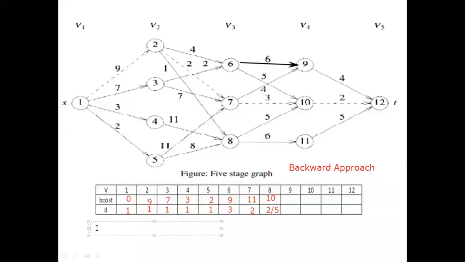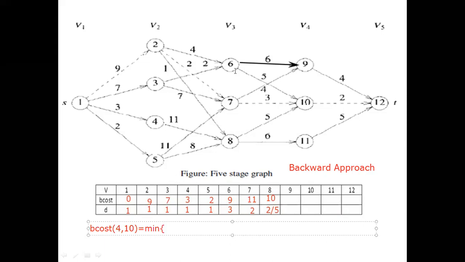B cost of the fourth stage, 4, 10, equals the minimum of, in curly brackets, the edges that are coming: first from 6, second from 7, third from 8.